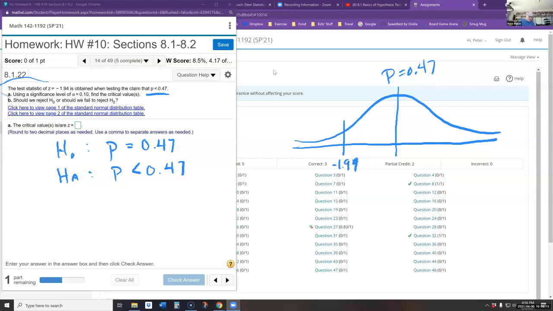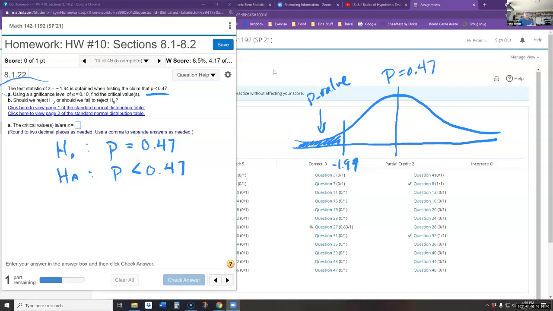From that value, the part to the left of it is our p-value. This is the region of area that shows the likelihood of getting that test score or lower just by random chance, assuming the population proportion really is 47%.